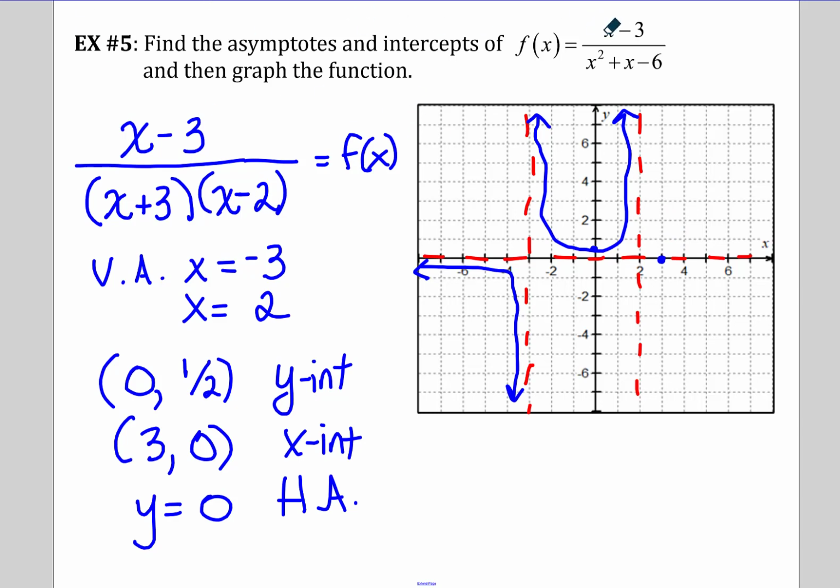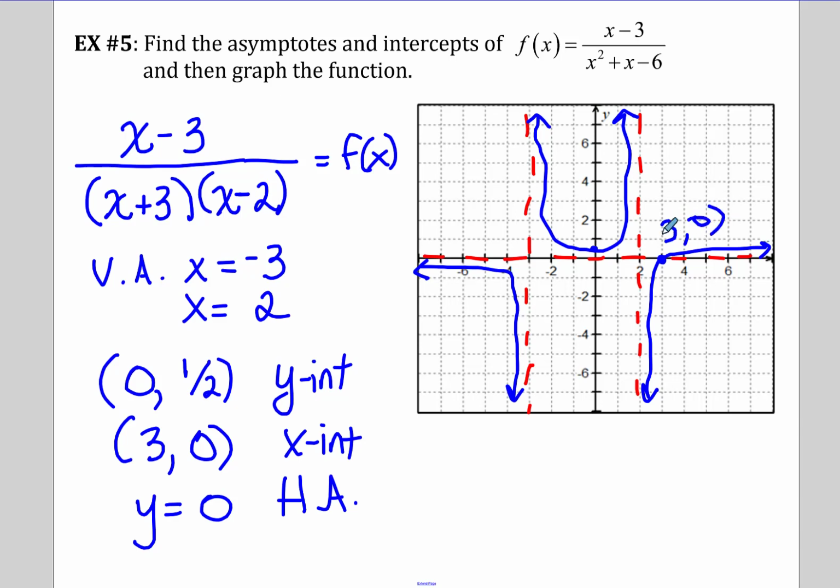So 1/14 is going to be really, really close to the horizontal asymptote. So it's going to barely be positive, but it's got to cross here, and it can't cross the vertical asymptote, so it has to go down there.